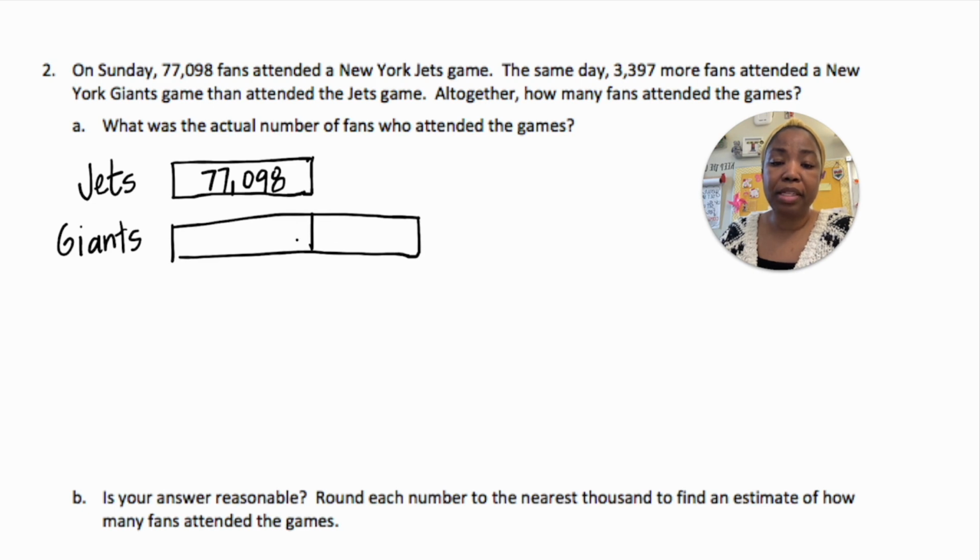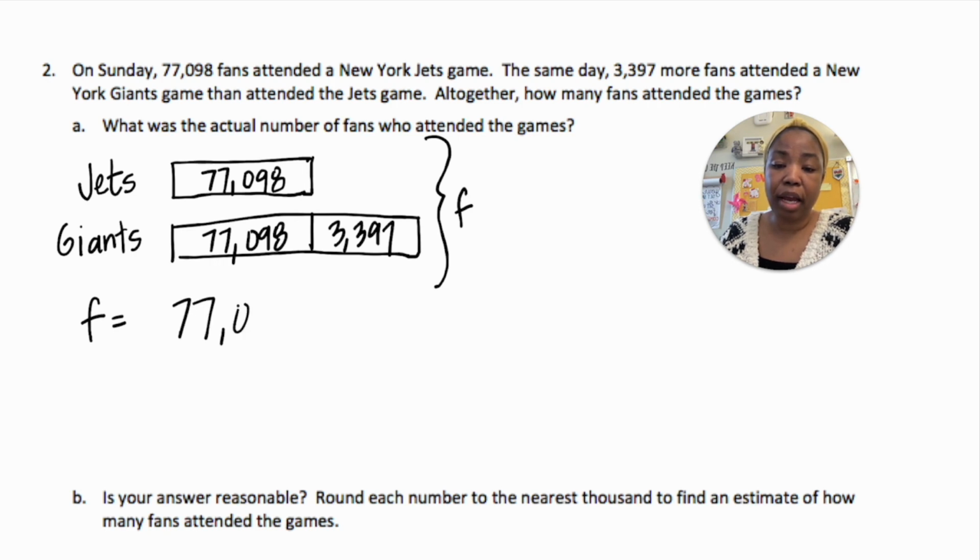The first part will be the same as the Jets because it's more than the Jets, and the Jets was 77,098. And then the more part, which was 3,397. They want to know how many fans attended altogether. So I'm going to put this bracket. Let's call them F for fans. In order to get F, I would add all these numbers together. That's 77,098, another 77,098, and a 3,397.